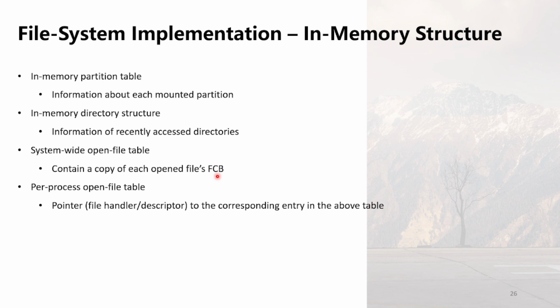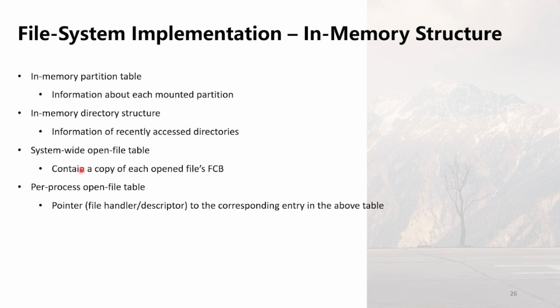Do you remember what information the FCB contains? The FCB includes file permissions, creation time, modification time, access time, owner, group, ACL, file size, and information on which blocks the file is stored in.